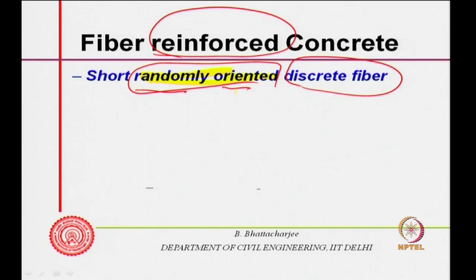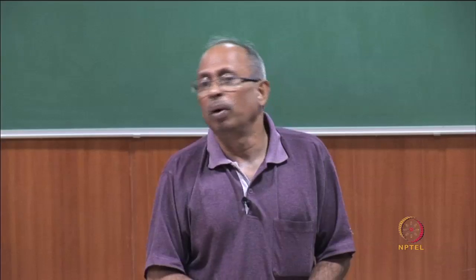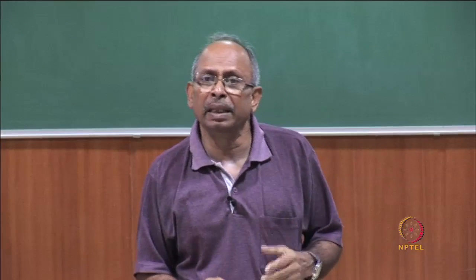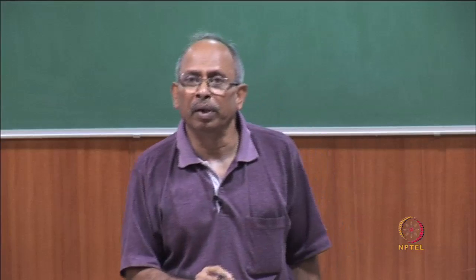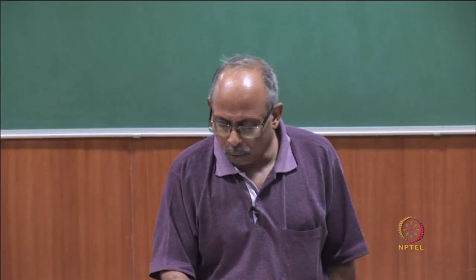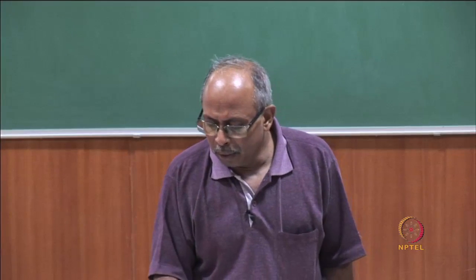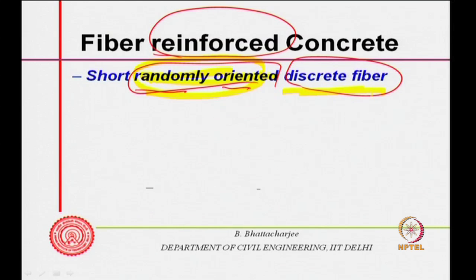For example, in slurry infiltrated fiber reinforced concrete, you can have fibers aligned, or if it is long fibers, you can even align them and possibly make a mat out of it. That is a different one, but quite commonly used is short randomly oriented discrete fibers. They are different than conventional reinforcement, which we normally understand in concrete. They essentially improve the crack arrestation property.